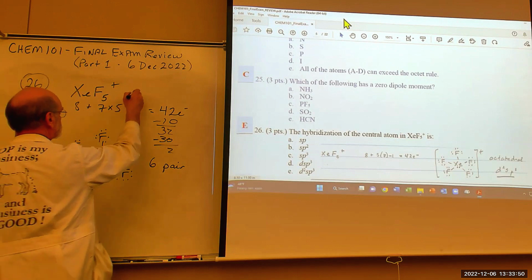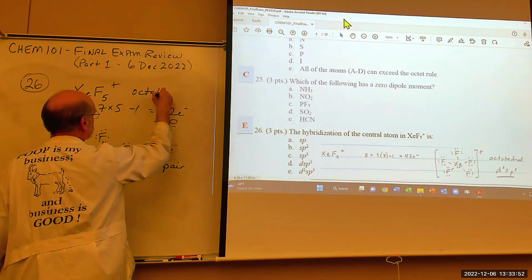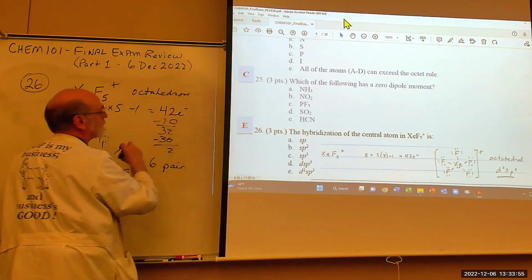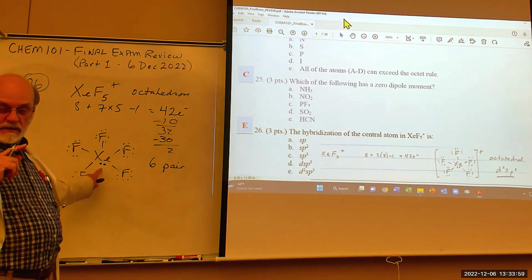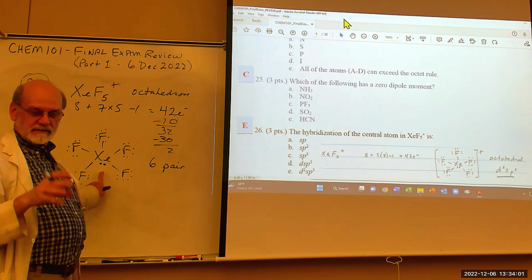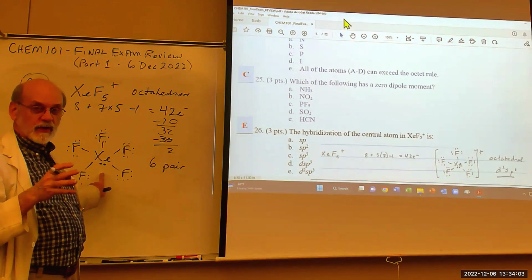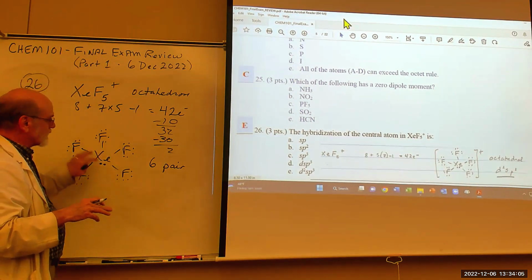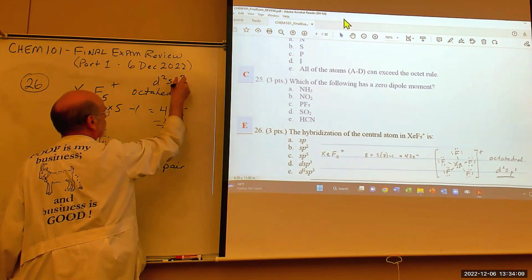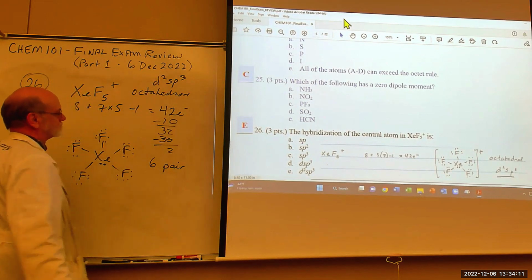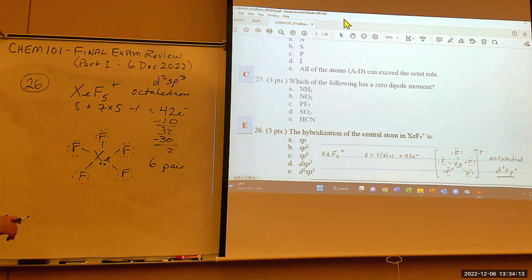Octahedron. And what hybridization on this atom will give you equivalent hybrid atomic orbitals to make this symmetrical? d2sp3: 1, 2, 3, 4, 5, 6. d2sp3. That's E.